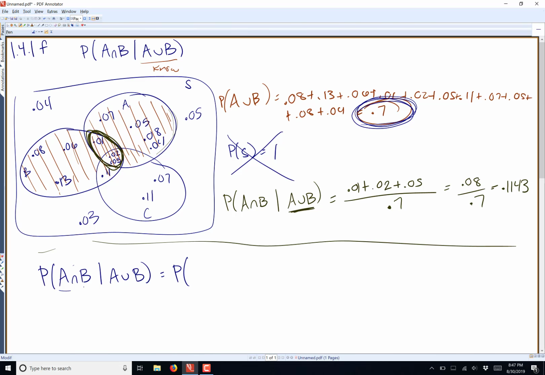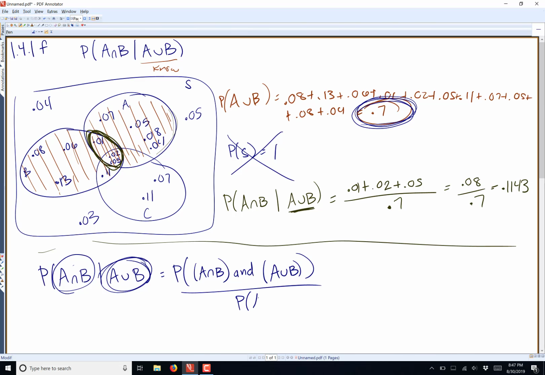So whatever you have here, A and B, and then we'll do an and. You could do an intersection sign, I'm going to write and so we don't get confused. Whatever comes here, A union B, all over the probability of whatever was here, A union B. So you do have to figure out what this top simplifies to.